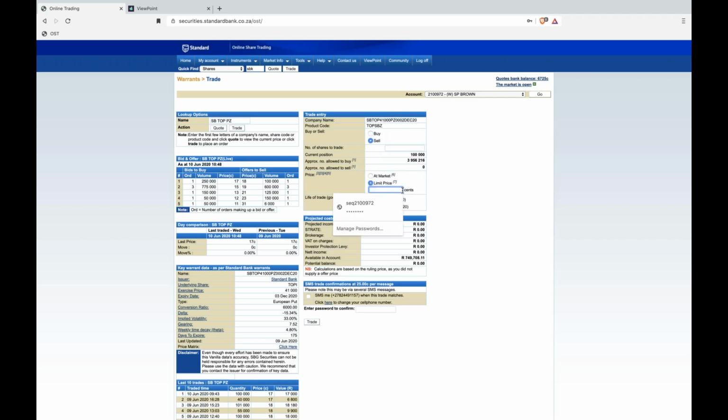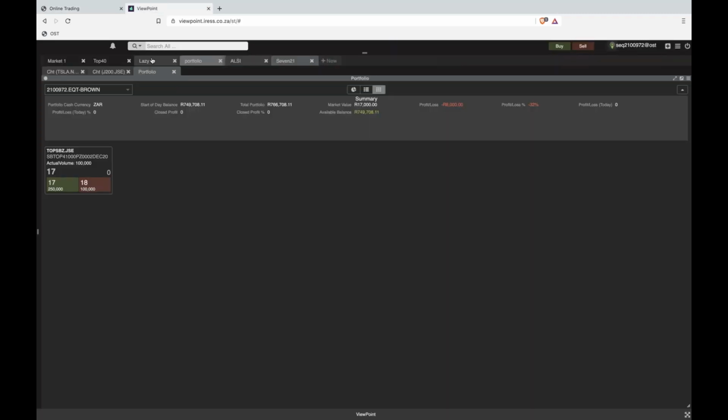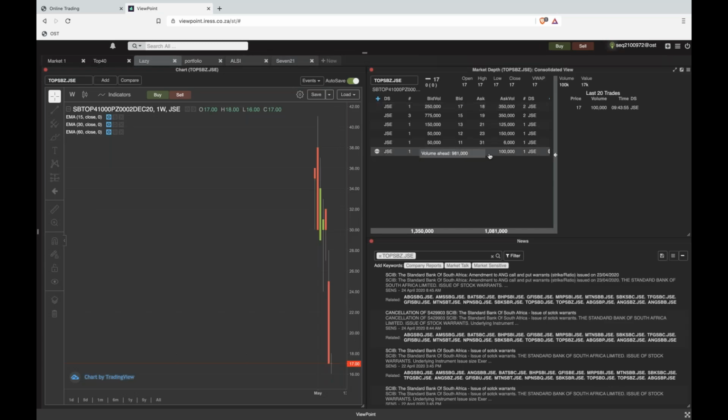I said the price I wanted to sell it at. I put in a R1 price to sell it at, and it then goes into market. In the case of top SPZ, you can't see it there because we don't have enough market depth. But here we've got market depth, and you can see my order sitting there at R1 on the sell side. So absolutely you can, and that order will be valid for 1 day or 30 days, depending what you selected.